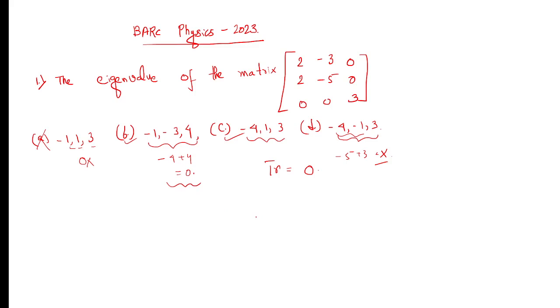So how can we solve this? Let's find the determinant of the given matrix, which is 2 minus 5 0 0 5 plus 3, just by finding the normal determinant of the matrix.